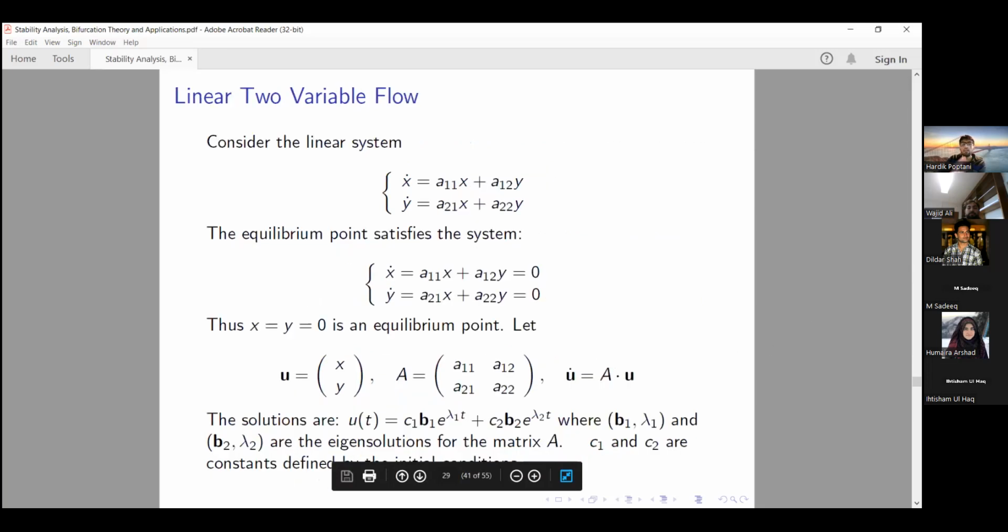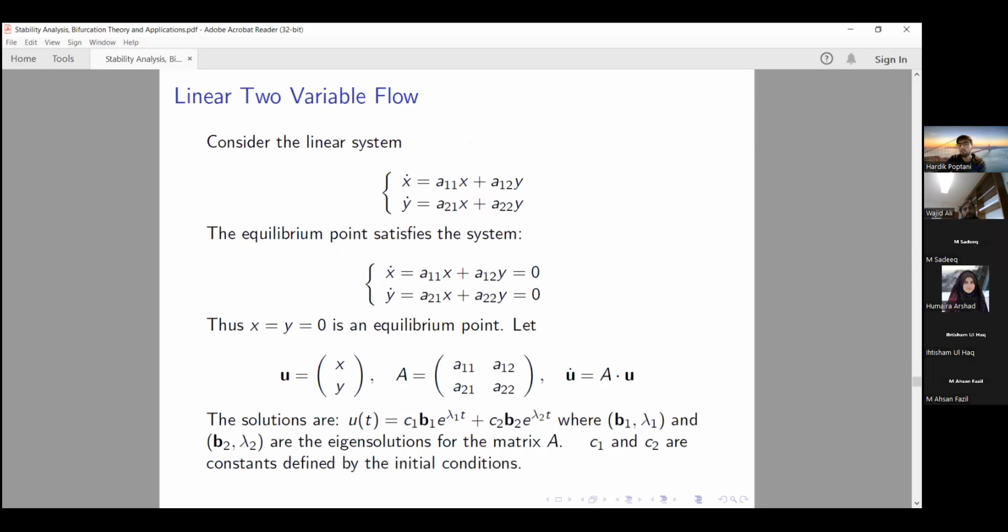So now we consider a simple linear system: x dot equals a11 x plus a12 y, y dot equals a21 x plus a22 y. The equilibrium point satisfies x dot equals y dot equals 0.